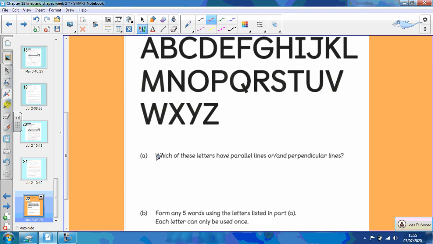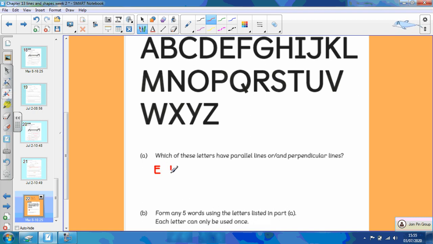Okay, so let's go through the answers. The letters which have parallel or perpendicular lines are E. And I can't do it perfectly straight, but that's not bad actually. And we can see there are some parallel lines here and some perpendicular lines here.